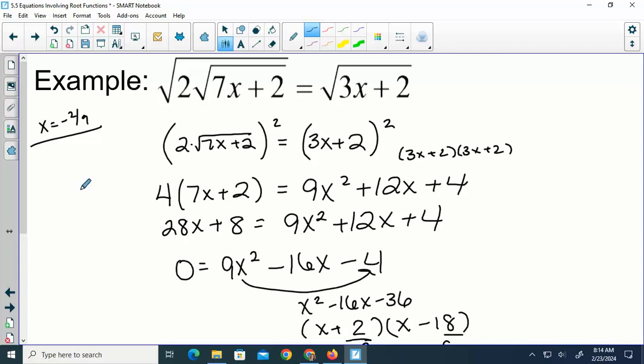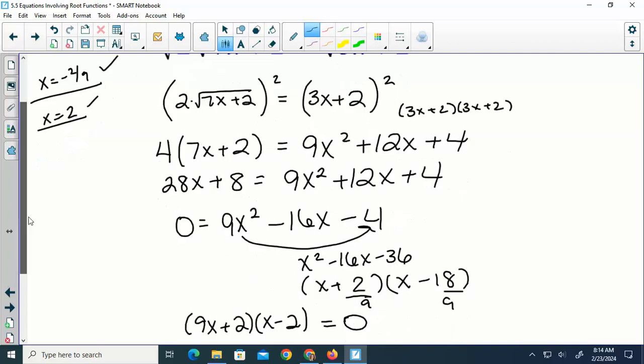They're the same, so that one works. Everybody get it? And then the other one we have to check is 2. So if x is 2, plug that in. And that also works.